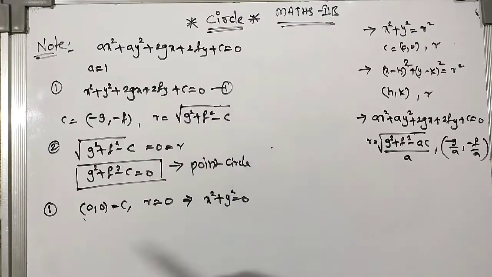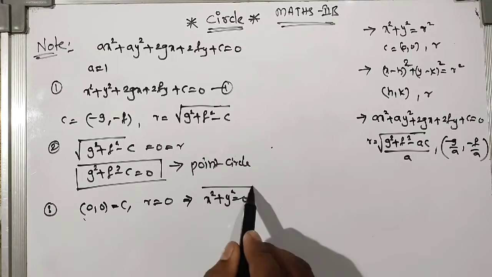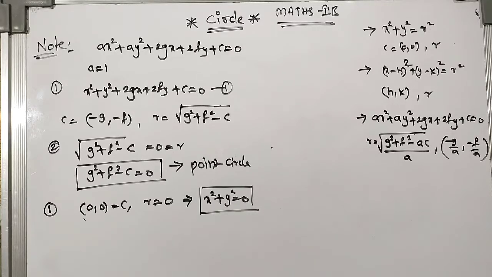Here the g value and the f value, both g and f become 0, 0. And when the center is 0, c also becomes 0. Then x square plus y square is equal to 0 is the circle equation, which is the point circle with the center at the origin.